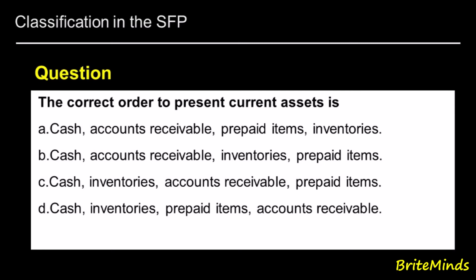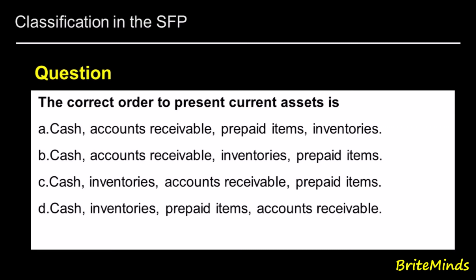The correct order to present current assets is: A. Cash, accounts receivable, prepaid items, inventories. B. Cash, accounts receivable, inventories, prepaid items. C. Cash, inventories, accounts receivable, prepaid items.